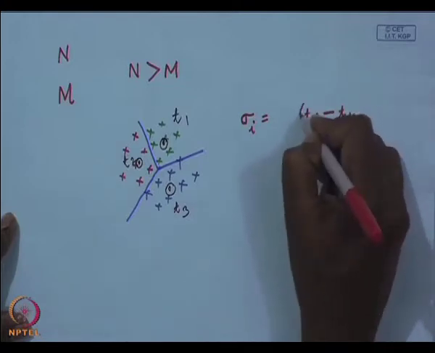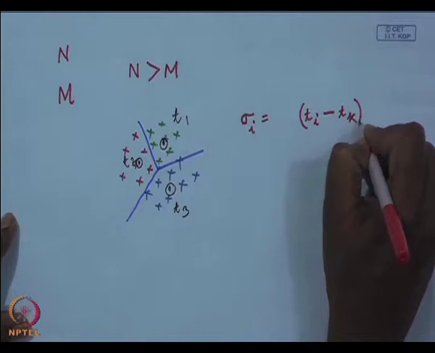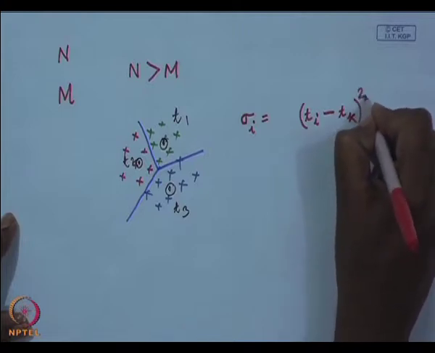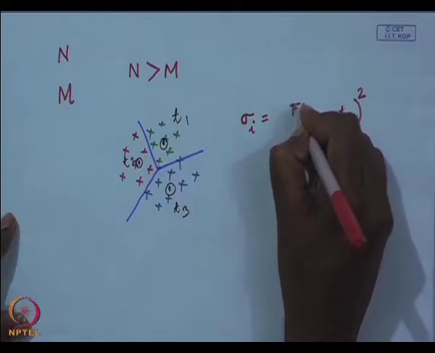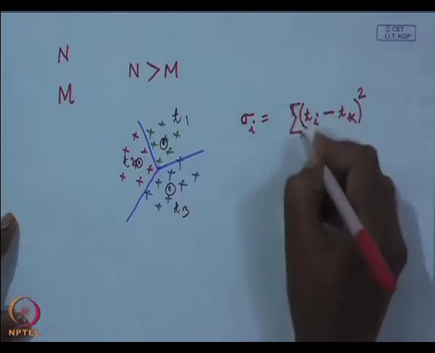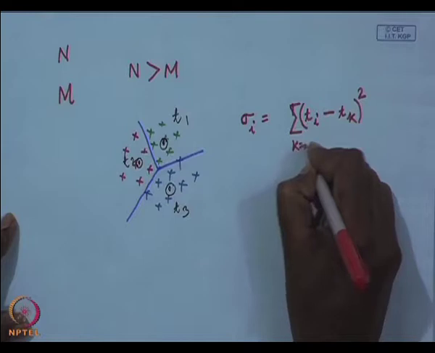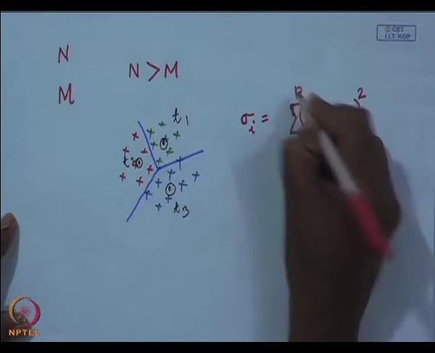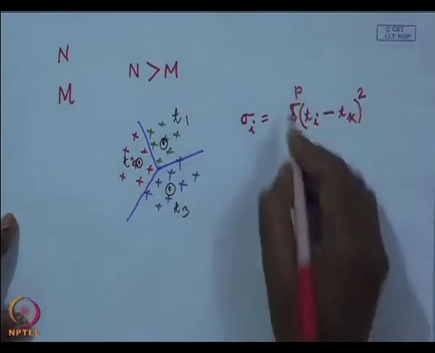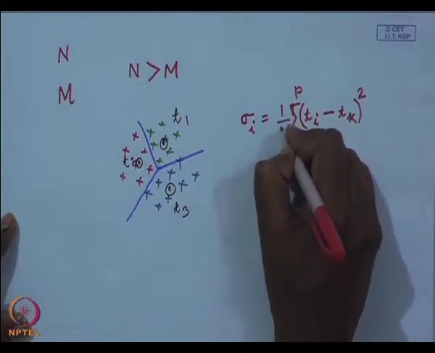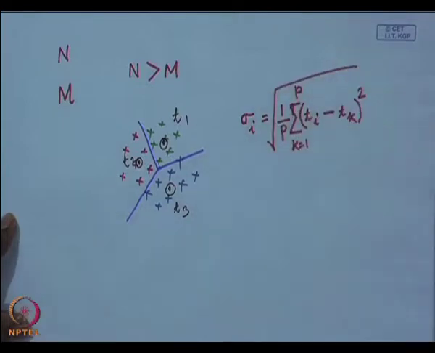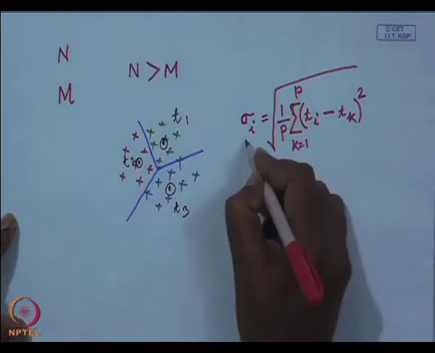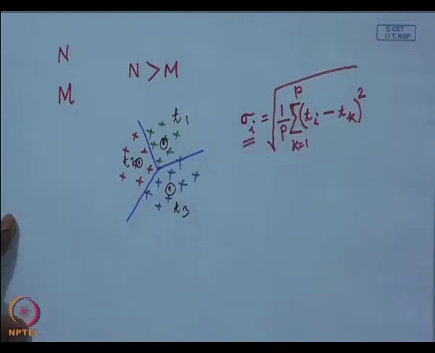I compute T I minus T k square, take the summation of this for k equal to 1 to p, as I have p number of receptors, take 1 upon p of this, and then the square root of this. This defines the spread of the ith radial basis function.